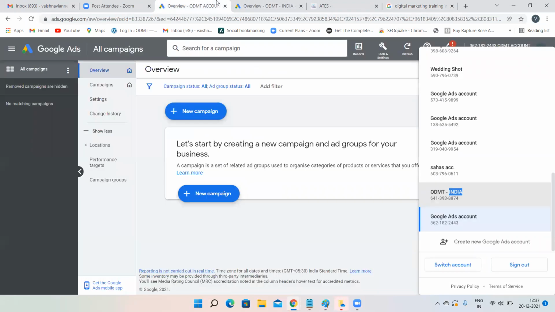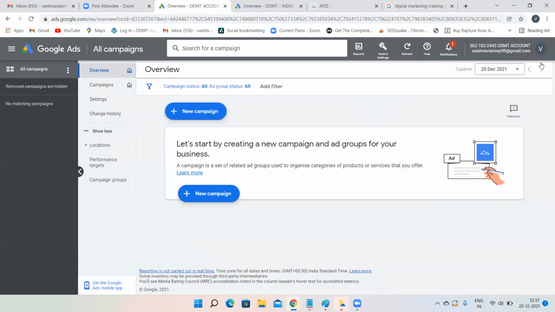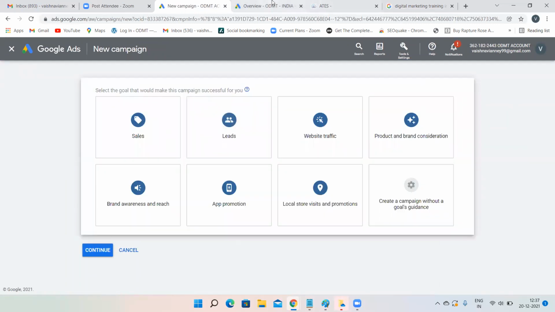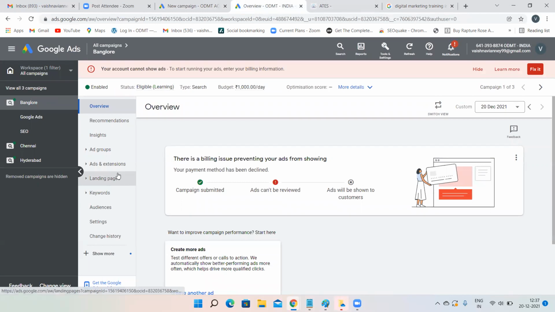Let's log into our account. So this is the one which we have created today, I guess. Yeah, this is the one which we have created today. Click on new campaign. Okay, again, no need to create again. We already have it here, right? So see, there's an option called ads and extensions.